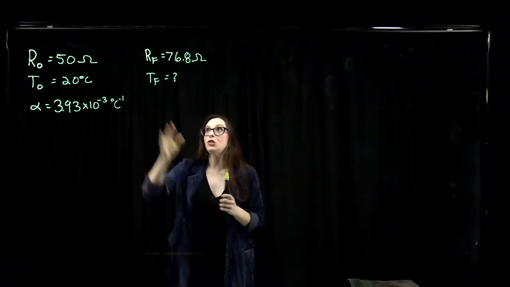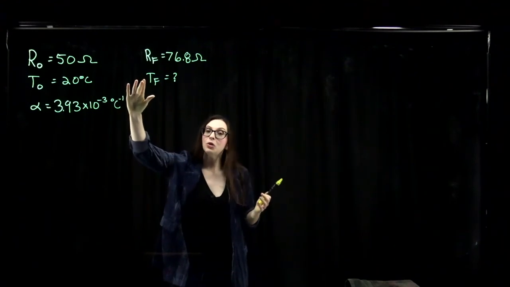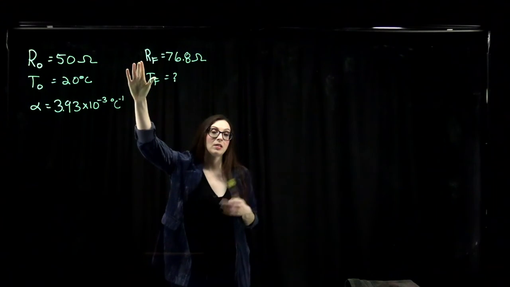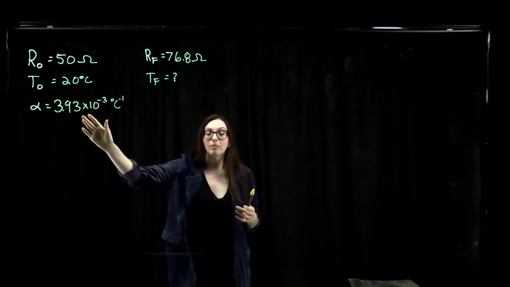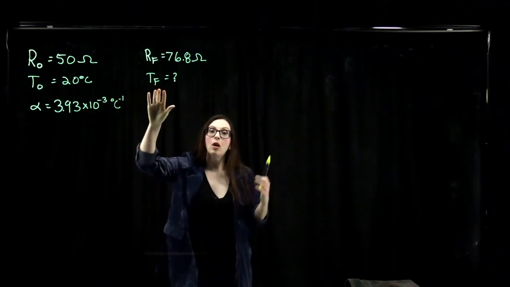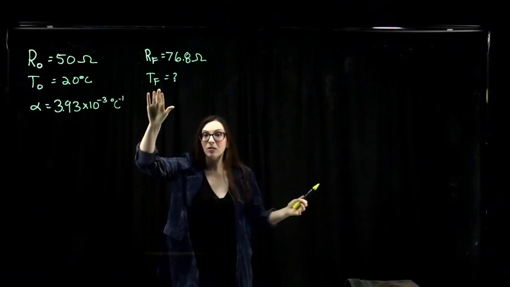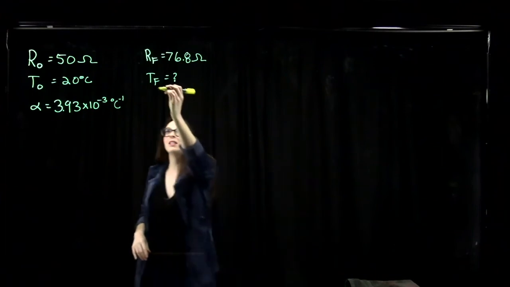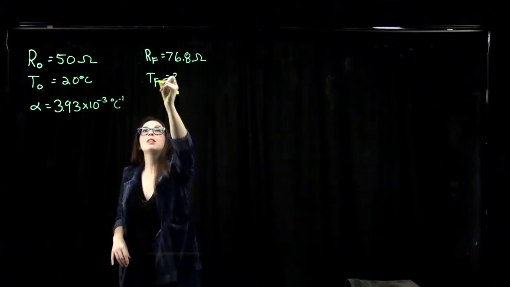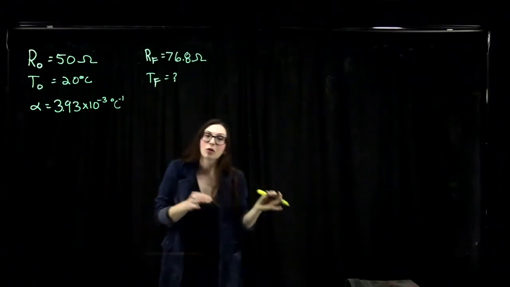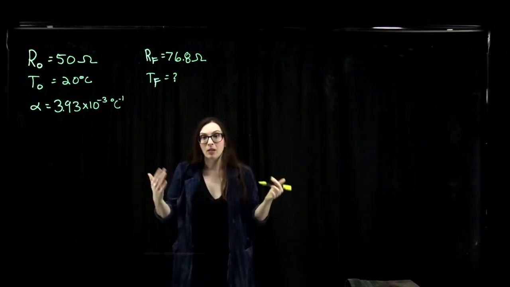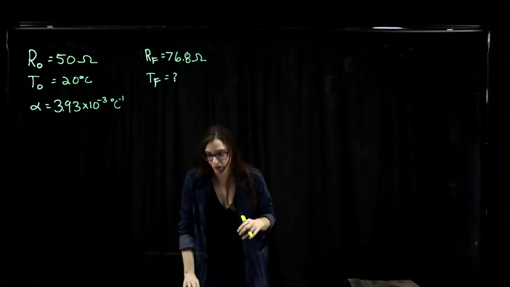So if we can essentially get the temperature of the thermometer by measuring the change in resistance of the platinum of the thermometer, then we'll also know what the temperature is of the material that it's dunked inside. Okay, so we need to find this final temperature. That'll be the final temperature of our thermometer. It's also going to be the temperature of the melting indium that we inserted the thermometer into.